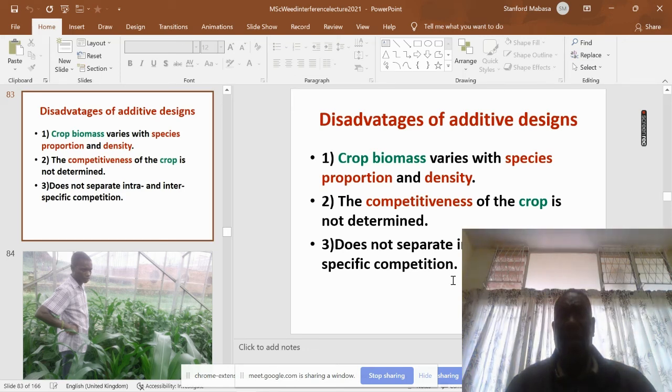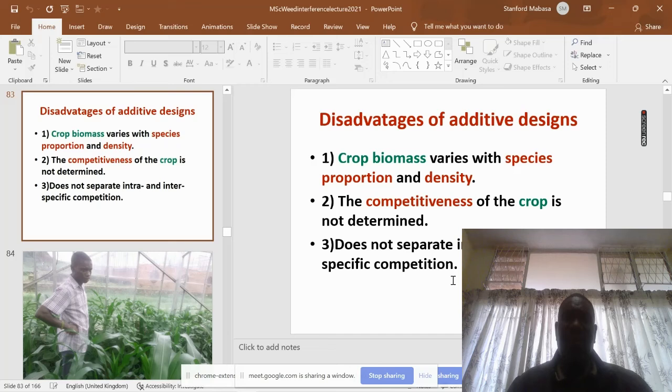Now, what we mean is that as you are increasing density, you are also increasing the proportions, because weed species may tend to compete amongst themselves in intra-specific competition. Its impact is not actually evaluated using this approach. So there tends to be some confounding.